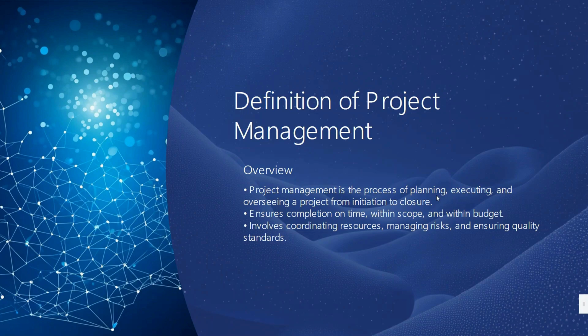So project management is the process of planning, executing, and overseeing a project from its initiation to its closing, to ensure that it is completed on time, within budget, within scope, etc. It involves coordinating resources, managing risk, and ensuring quality standards are met to achieve the project goals and objectives.